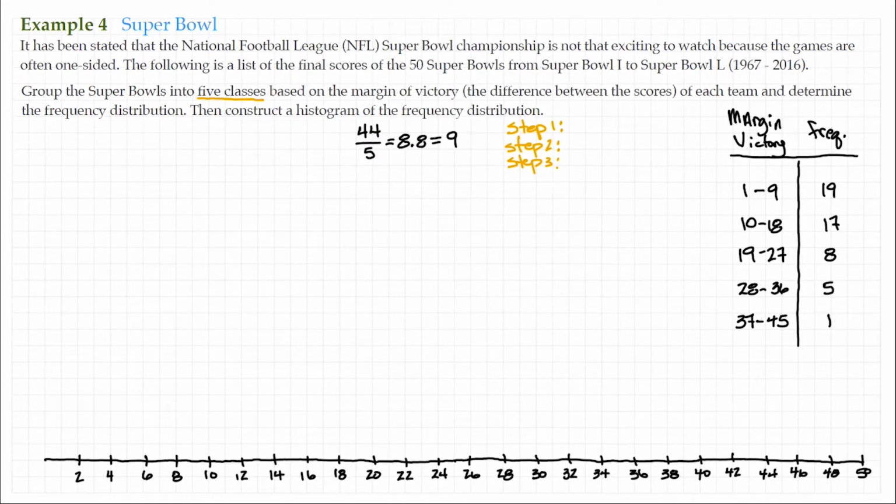So then our final step, step 4, we go ahead and we make the histogram. So I'm going to put in my frequency ledger along the side here. My largest frequency, that's the first class here, that's at 19. So I'll go up maybe 20.